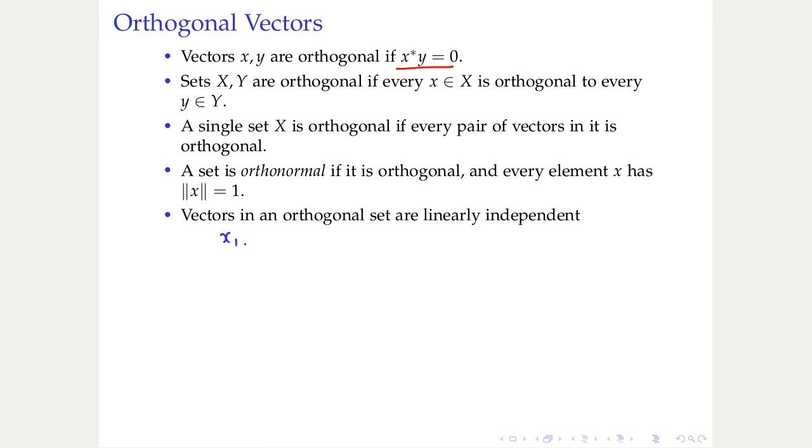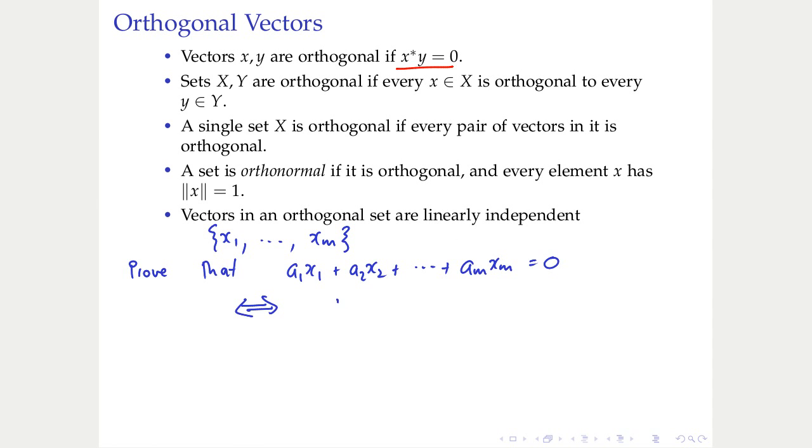Remember that if we've got vectors x1 through to xm, so here's our set, and they're orthogonal, so any inner product of two vectors there is 0, then what we have to prove is that a1x1 plus a2x2 plus am xm equals 0 if and only if a1 through to am equals 0.